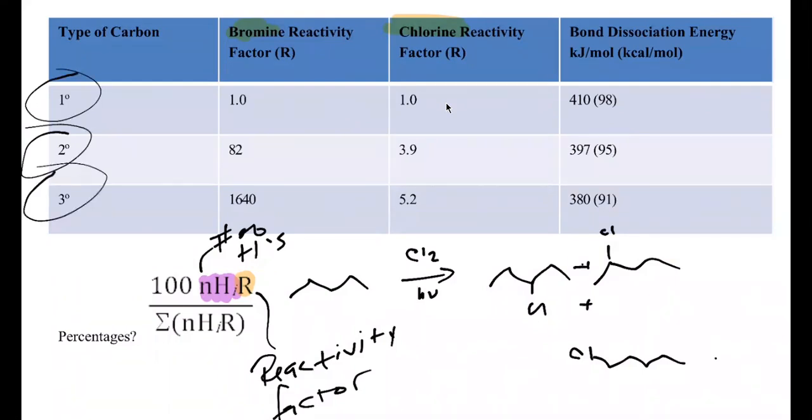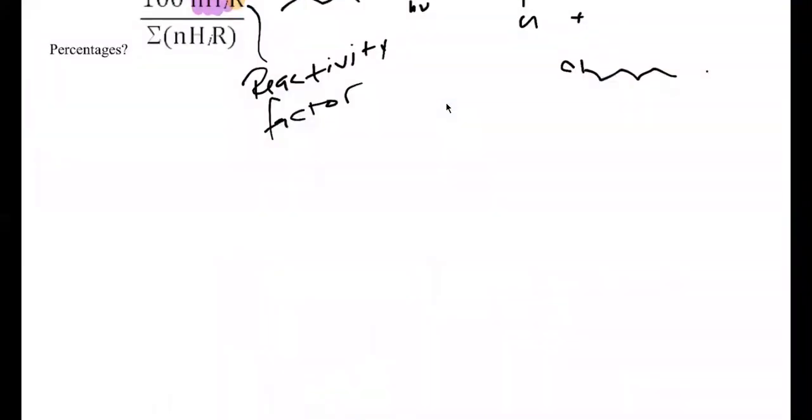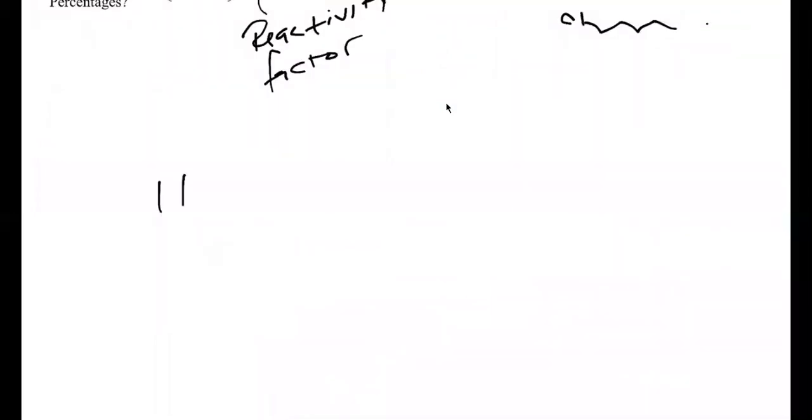Big difference. The reactivity factor goes up for tertiary carbons because those carbons are more stable as radicals, right? Let me rehash that. So if you have a carbon, I'm just gonna write all of these out. And then, so this is a methyl. And then this would be an example of a primary.